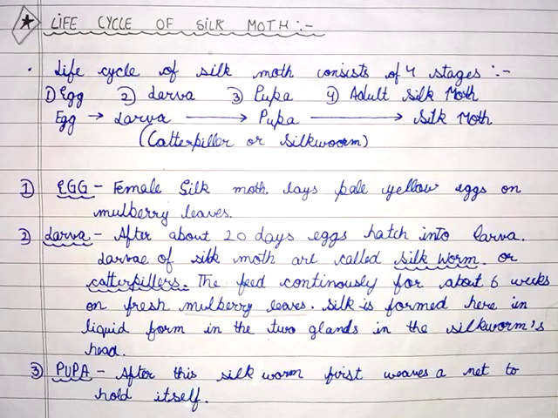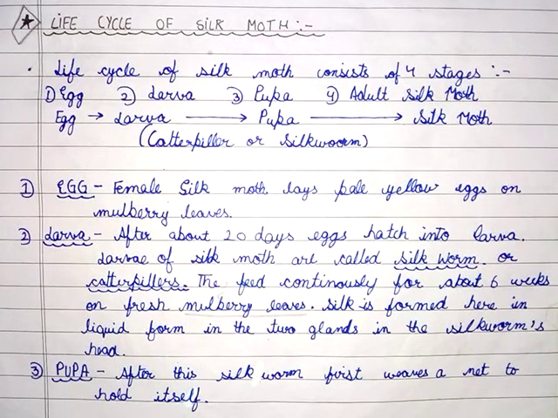Larva. After about 20 days, eggs hatch into larva. Larvae of silk moth are called silkworm or caterpillars. They feed continuously for about 6 weeks on fresh mulberry leaves. Silk is formed here in liquid form in the 2 glands in the silkworm's head.